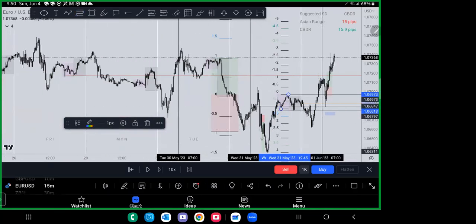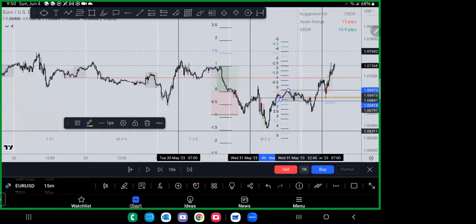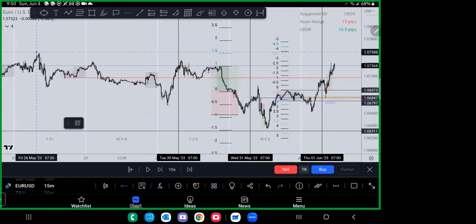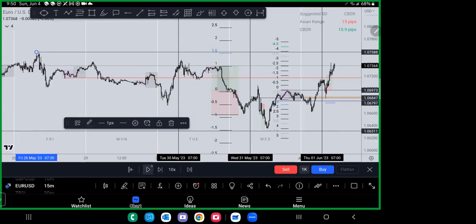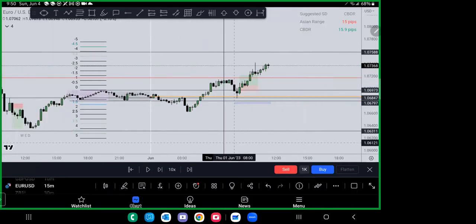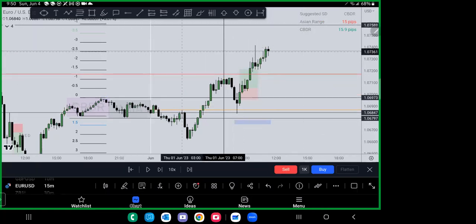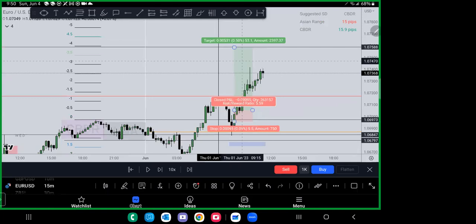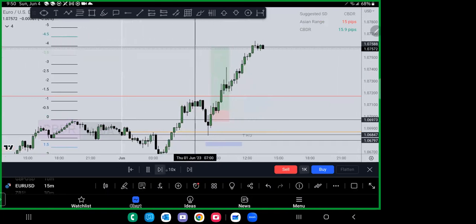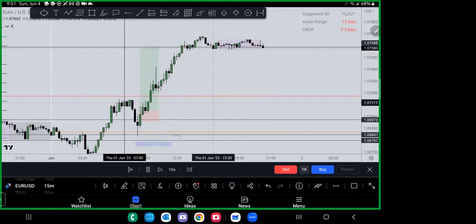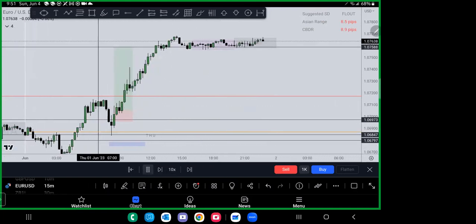I don't know if this aligns with anything. All right, so you already see the 4 is aligned. All right, bingo. And that is basically the high of the day.